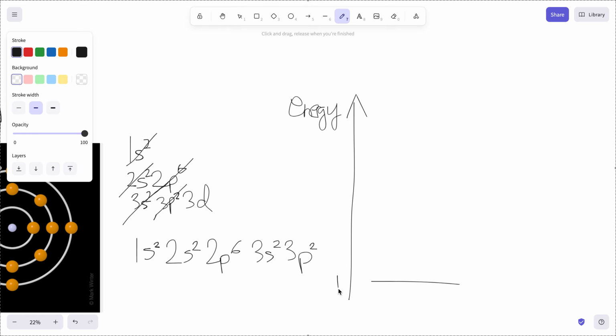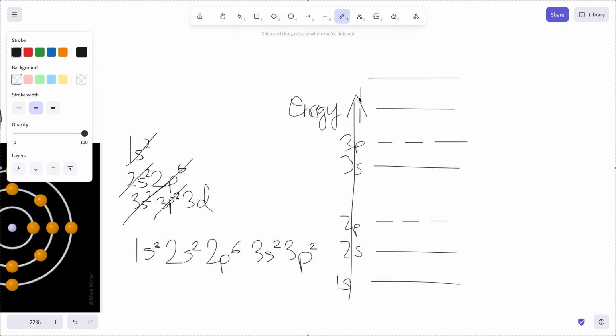So we can put the 1s as the lowest energy, followed by 2s, 2p, 3s, 3p, and then 3d, 4s, etc. And let me label them: 1s, 2s, 2p, 3s, 3p, and so forth. Here, 4s, 3d. Okay. And we can fill it up.